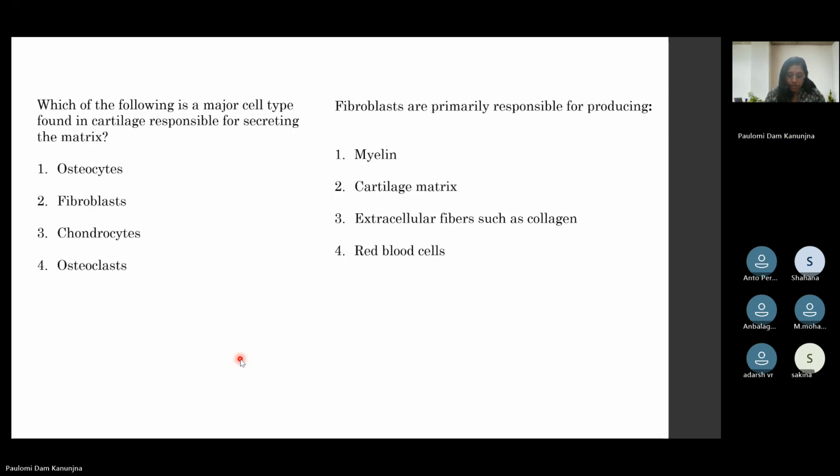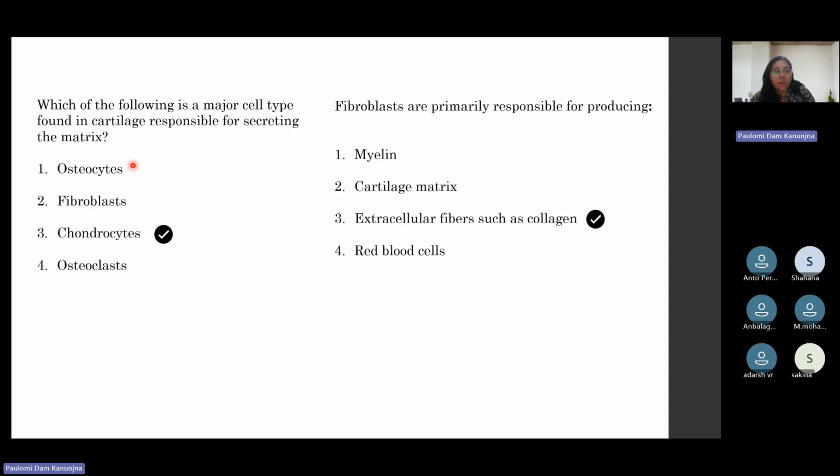Okay. Okay, let me show you the answer. 3 and 3. Okay, let's do it first.